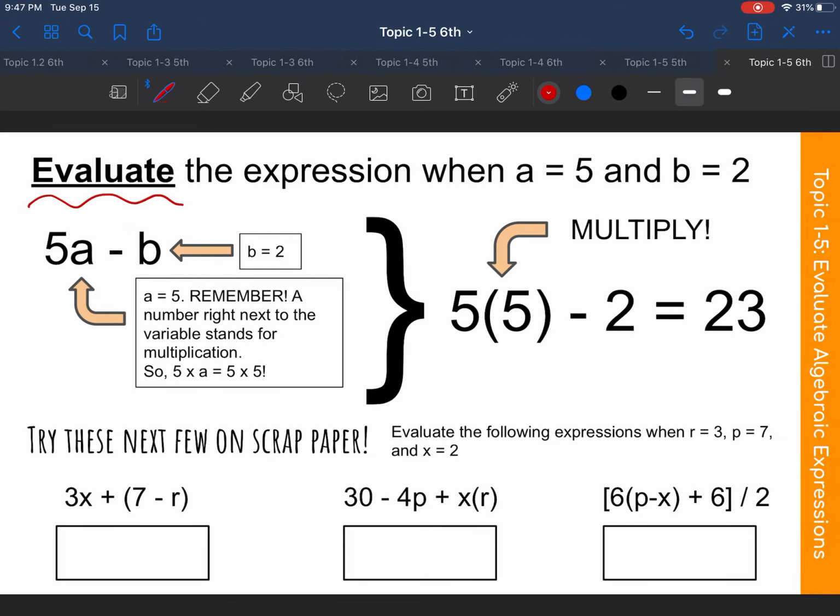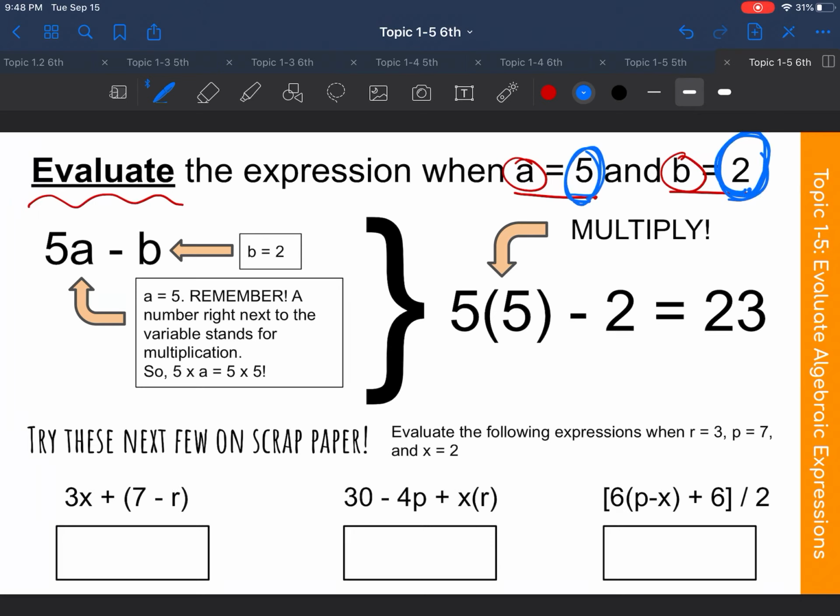So let's look at the second slide. It says, evaluate the expression when A equals 5 and B equals 2, okay? So remember, we didn't know what A equals or what B equals in our expression. However, now someone came to us and said, hey, look, A now equals 5 and B now equals 2.